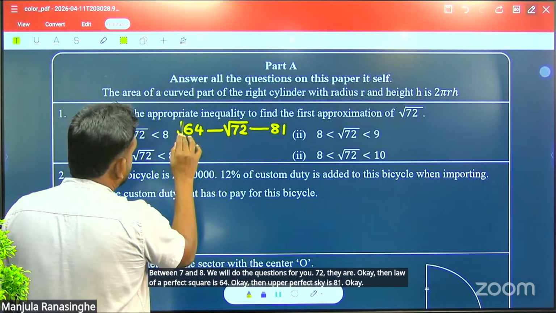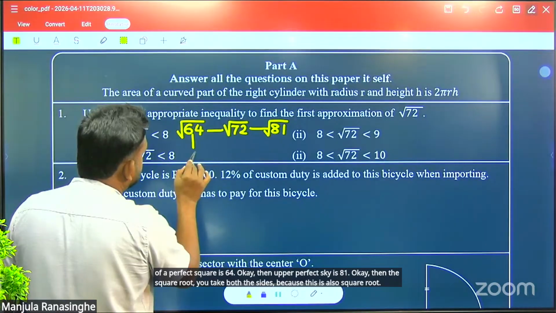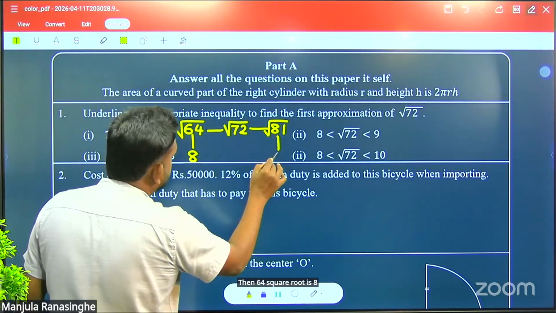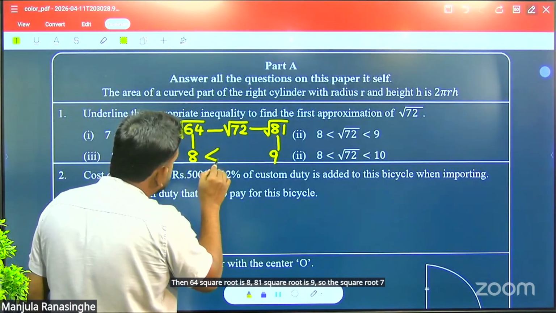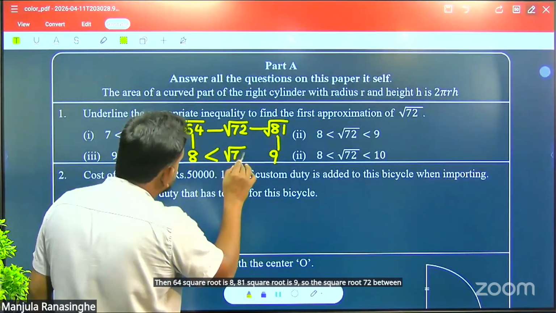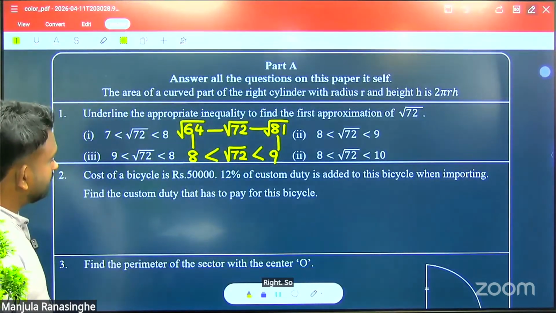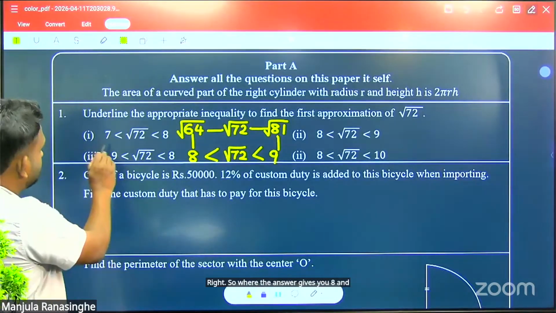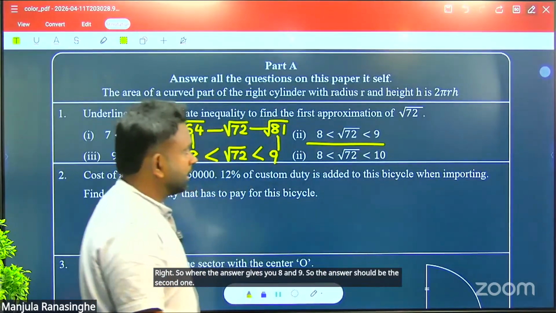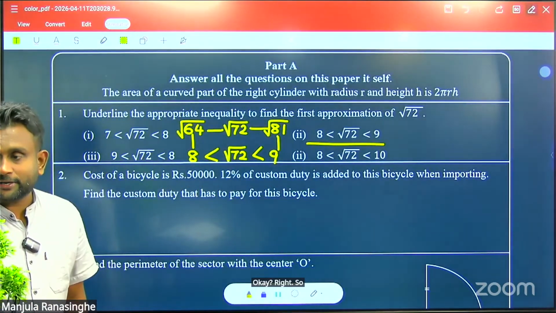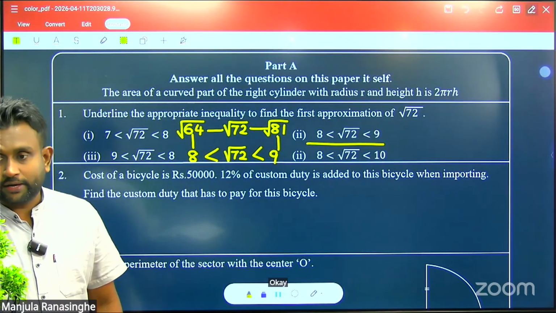Taking the square root of both sides, the square root of 64 is 8 and the square root of 81 is 9. So square root 72 is located between 8 and 9. The answer gives 8 and 9, so the answer should be the second one. You have to underline the second one.